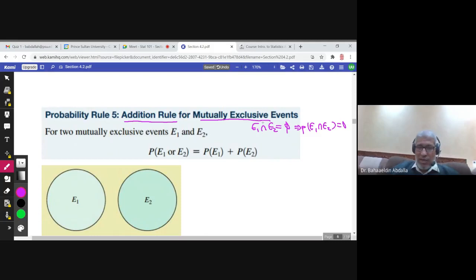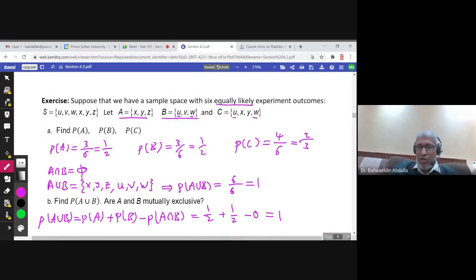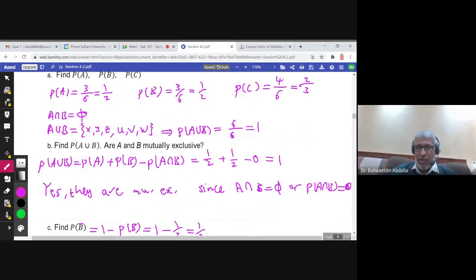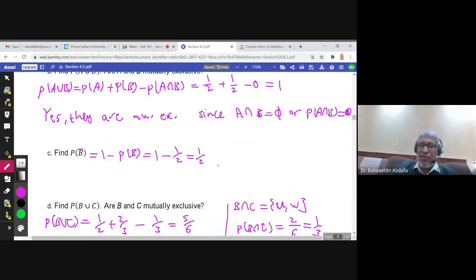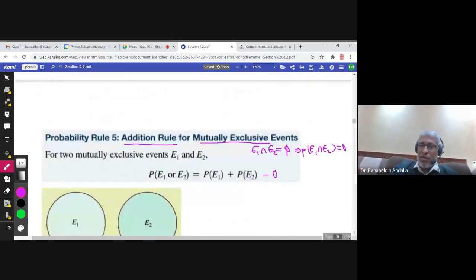So the probability of the union would be probability of E1 plus probability of E2 minus 0, the intersection. So it would be probability of E1 plus probability of E2. So if you know that the two events are mutually exclusive, like here, A and B, you don't have to find the probability of the intersection because it would be 0.